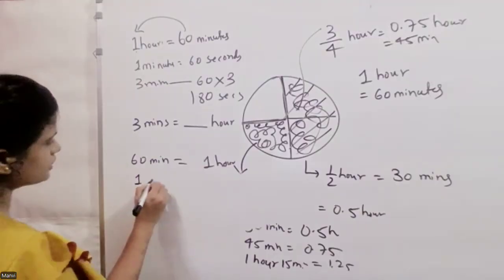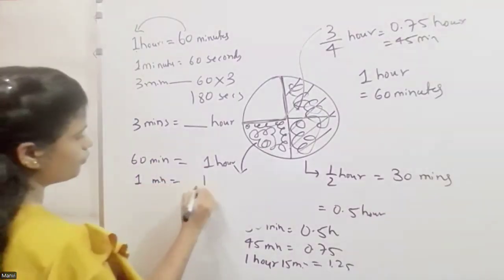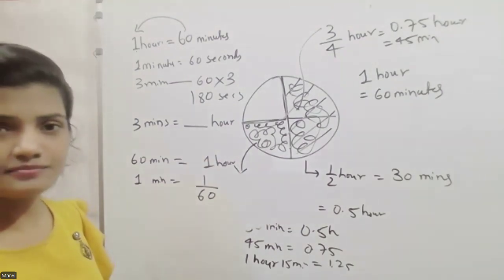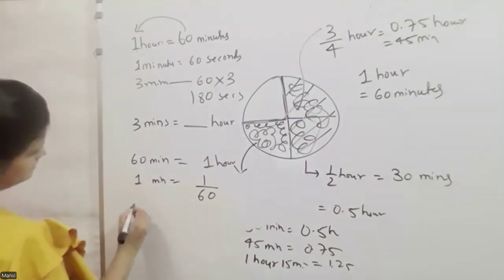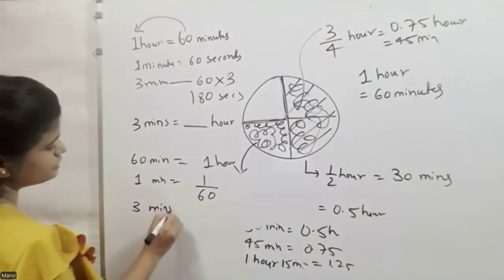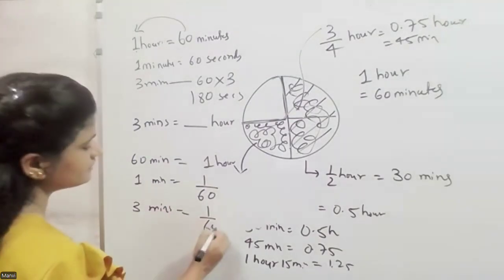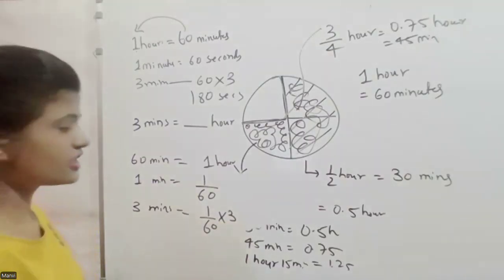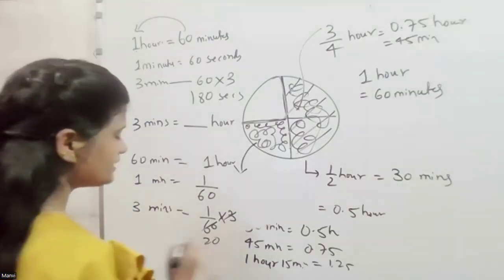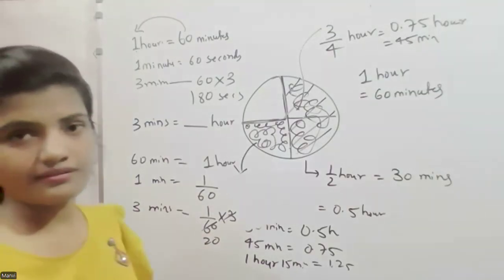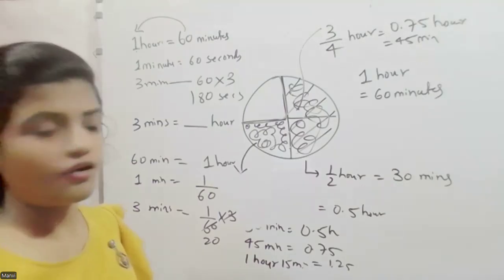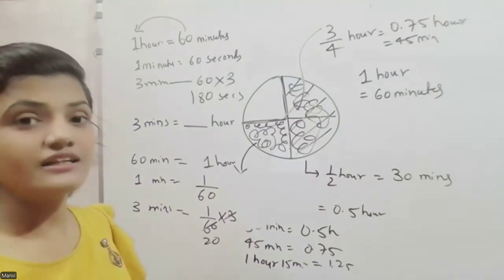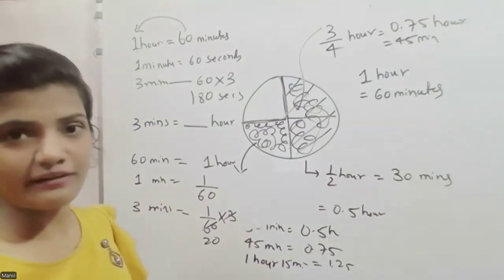So 1 minute equals what? 1 divided by 60. Next, 3 minutes equals what? 1 divided by 60 times 3, which is 1/20. Or we can simply say this is nothing but 0.05.